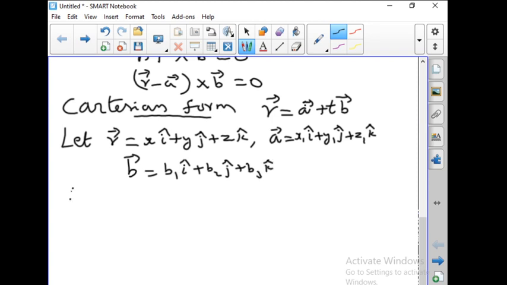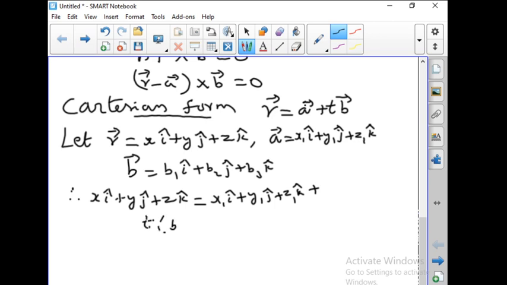Therefore we have x i cap + y j cap + z k cap = x1 i cap + y1 j cap + z1 k cap + t (b1 i cap + b2 j cap + b3 k cap).